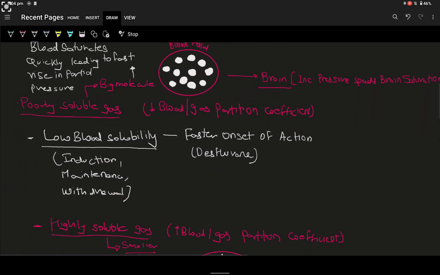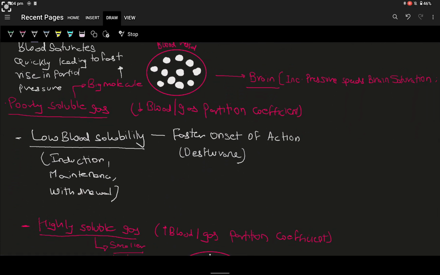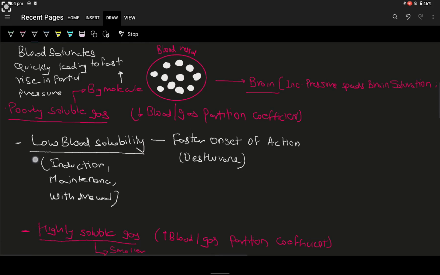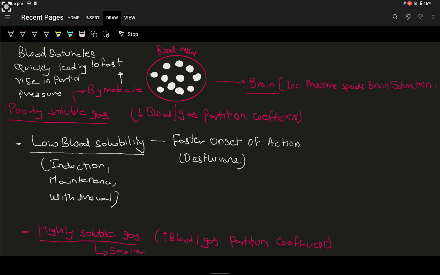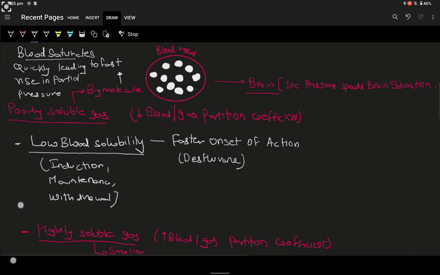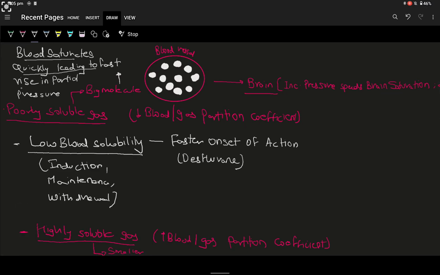So here we would be looking at the two classes which we have, that is poorly soluble and highly soluble gas. In terms of poorly soluble gas, we can understand it as a big molecule. That is, the blood saturates quickly, leading to the faster onset and rise in partial pressure.